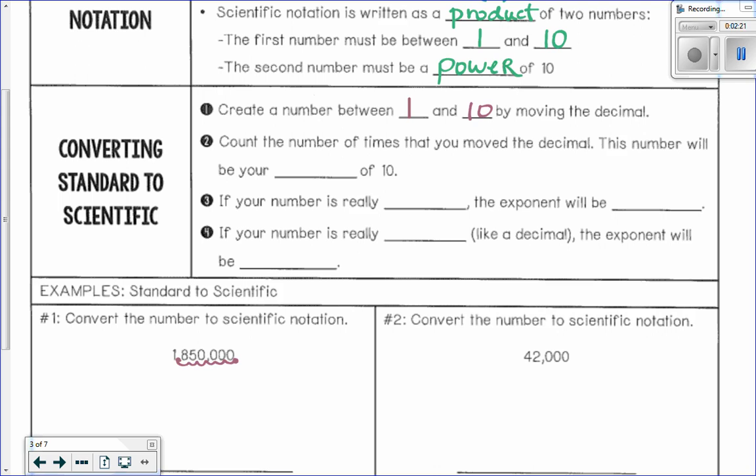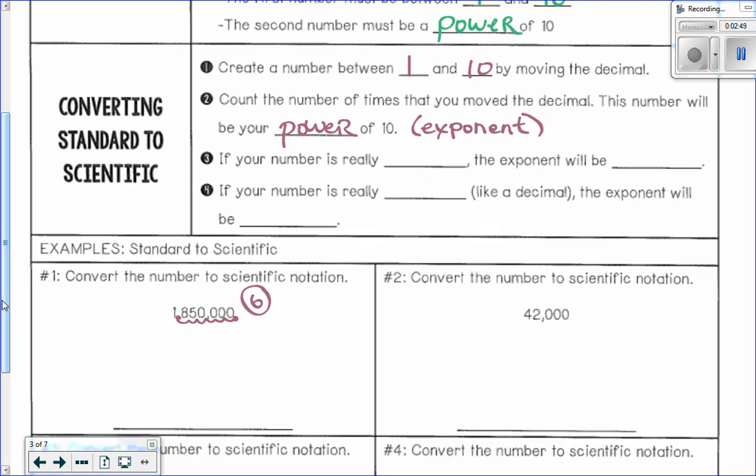Count the number of times that you move the decimal. This number will be your power of 10, your exponent. I can put that in parentheses. That'll help you remember. So how many times do we move the decimal? 6 times.